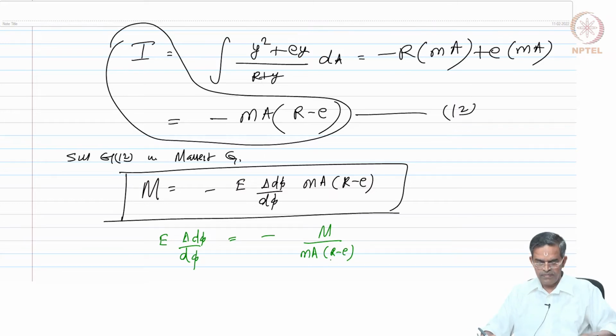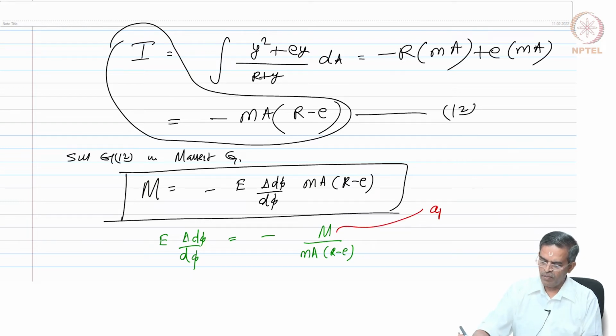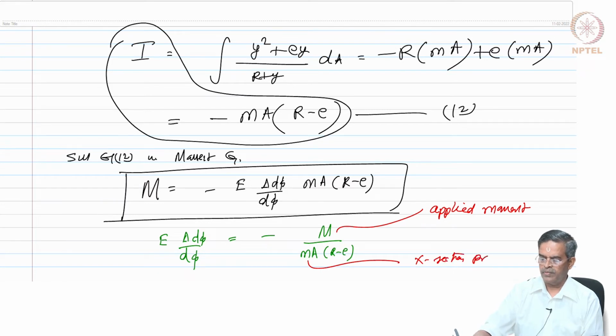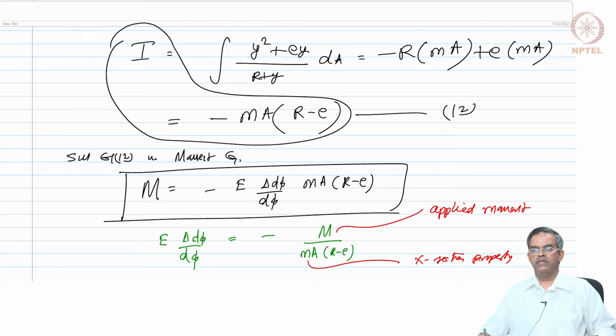Am I right? So, please understand this equation. This is the applied moment, and this is the cross sectional property. So, do not get confused with the notation M.